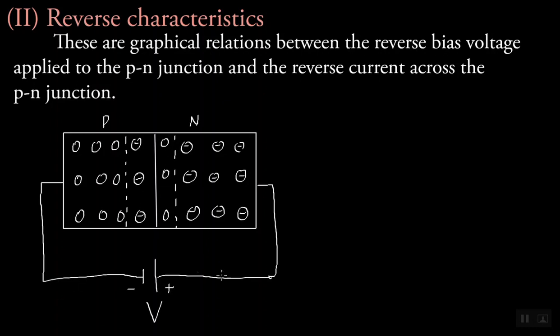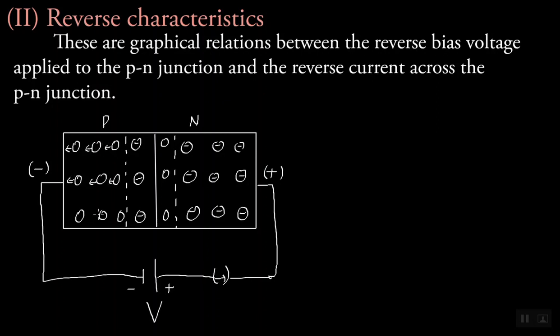Now as soon as the key is plugged in, it's like you are applying a negative potential on the P side and a positive potential on the N side. So this positive potential will attract the negatively charged electrons. Similarly, the negative potential will attract the positively charged holes. So these holes will go this way now.